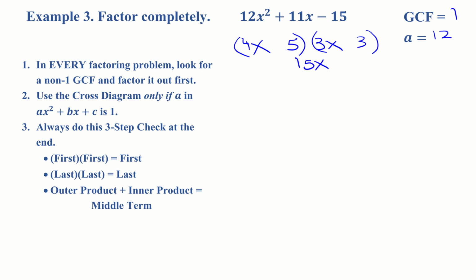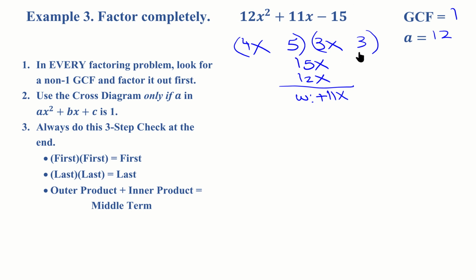The outer product is 12x. And we want a combination that is positive 11x. Can we somehow combine 15x and 12x by playing with the signs to get 11x? The answer is no.